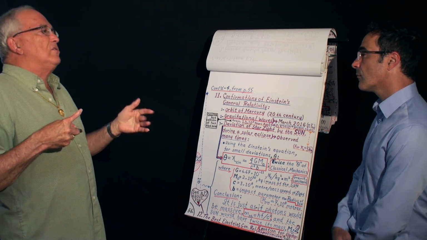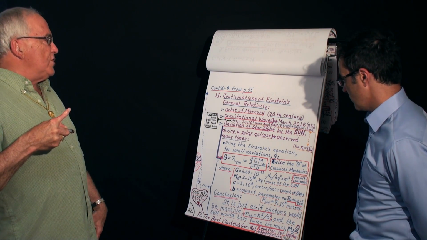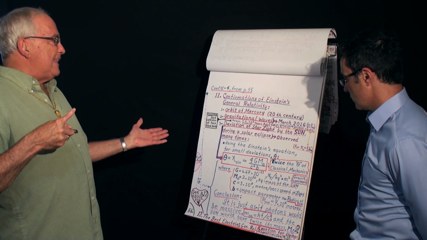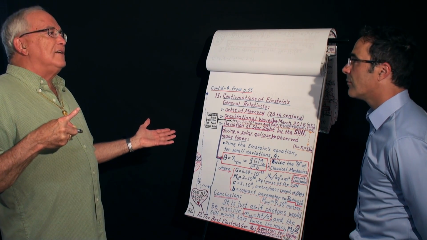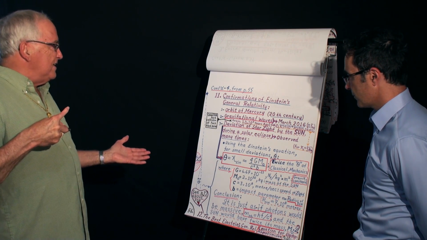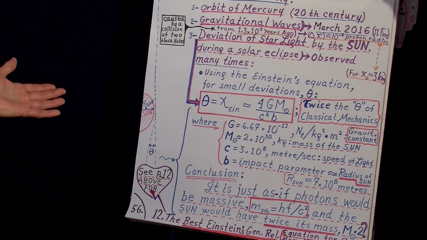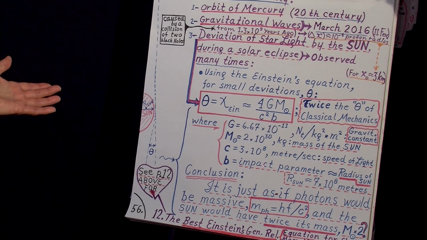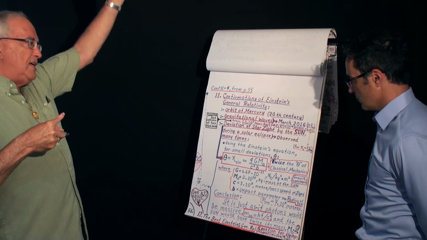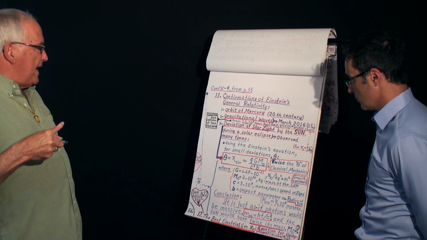A lighter mass like the Earth you cannot measure, it's too small. But with the sun, it was measured that it was twice that predicted by classical mechanics. In my interpretation of this little equation, there is the mass of the sun, the gravitational constant, the speed of light, and b is the impact parameter, the radius of the sun in our case, because it's when light rays go just next to the sun.